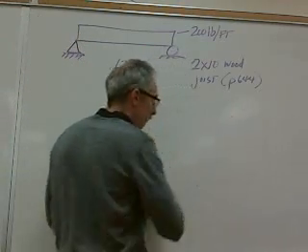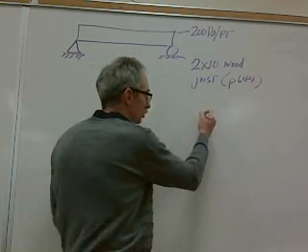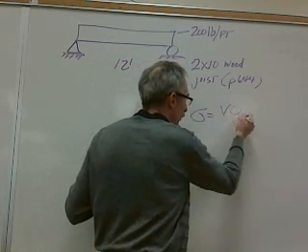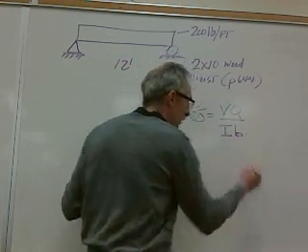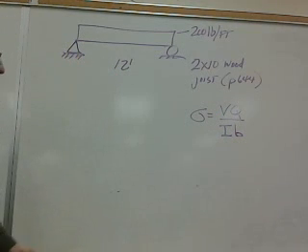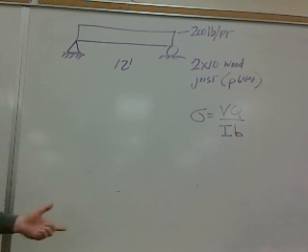So again, first thing I do is think about the shear stress formula. VQ over IB. All right? How are we going to get that V force, the maximum shear? Sounds like we better do a shear diagram.